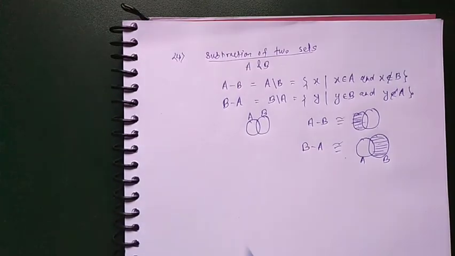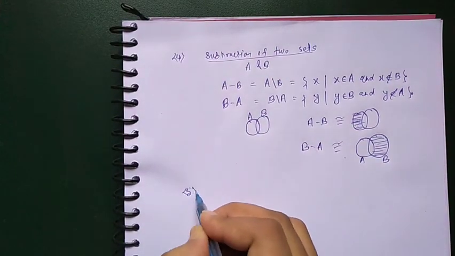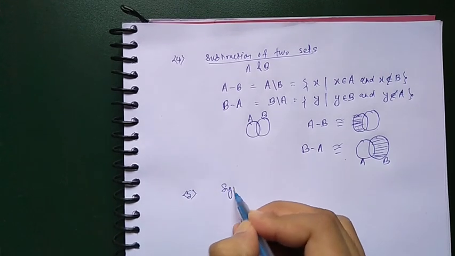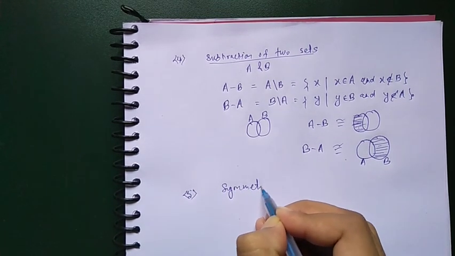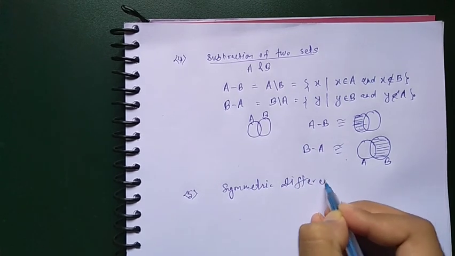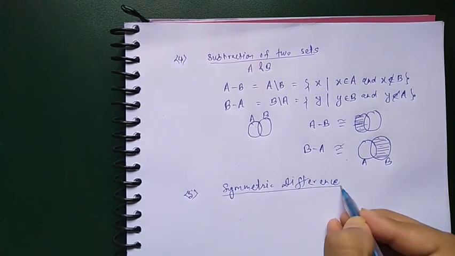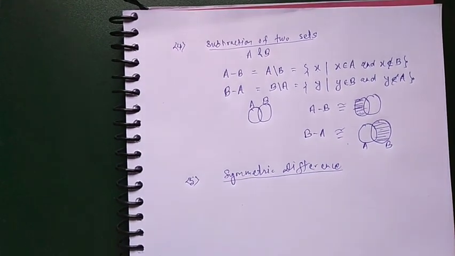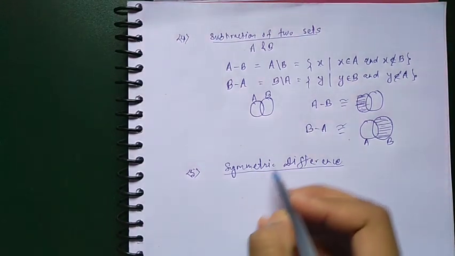The next tool, number 5, is the symmetric difference of two sets. This tool will not be used in proving De Morgan's law, but we should remember it.